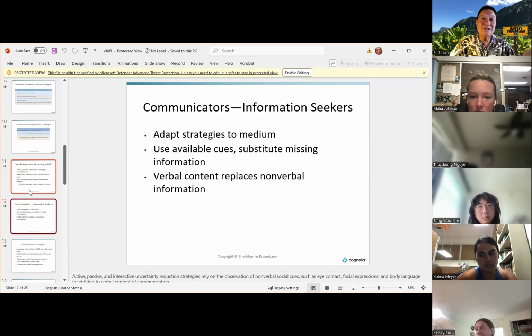Use available cues, substitute missing information. So, I guess maybe one example is that some of the folks that I've fostered relationships with over the years on the Broadband Hui have been people that I've really not interacted that much with face to face, right?